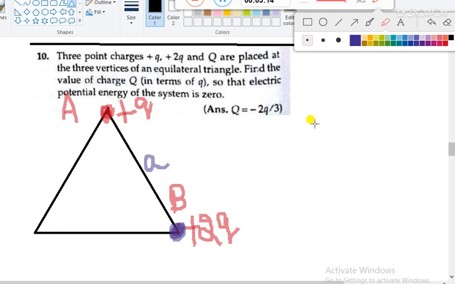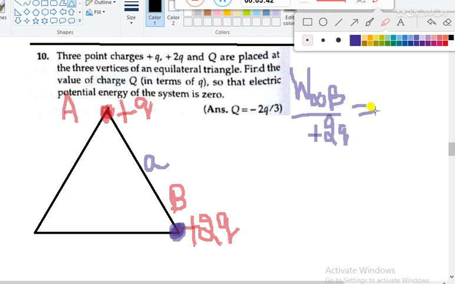let's take it as an equilateral triangle, and its side is a. So the work done to bring the charge from infinity to point B, per unit plus 2q charge, because plus 2q charge is moving here, so we will write plus 2q. This is equal to what?